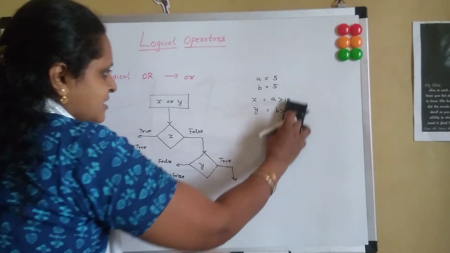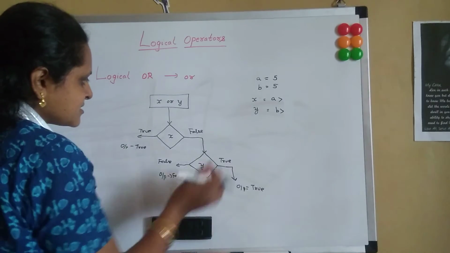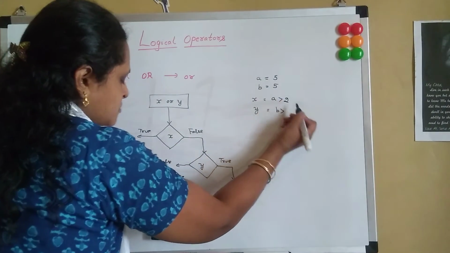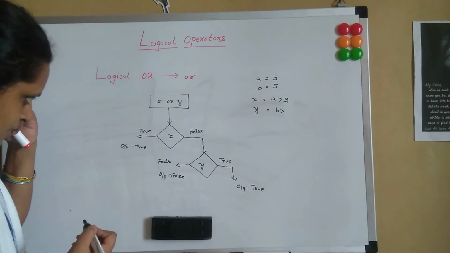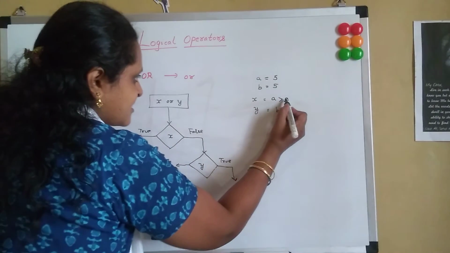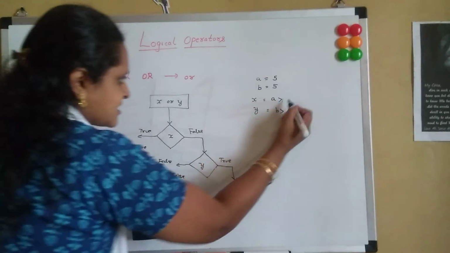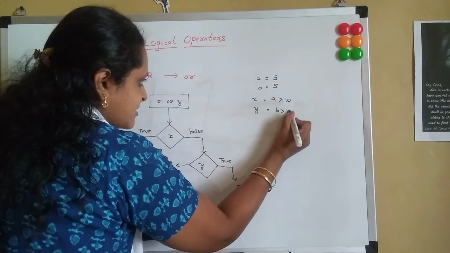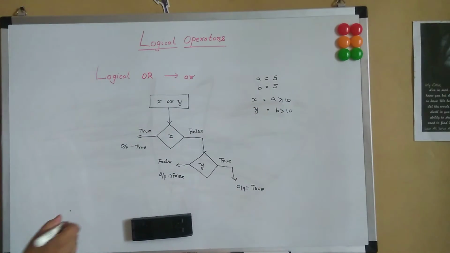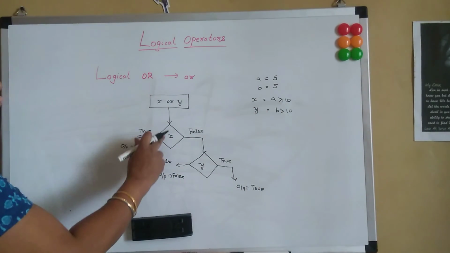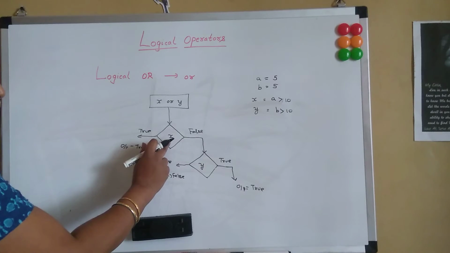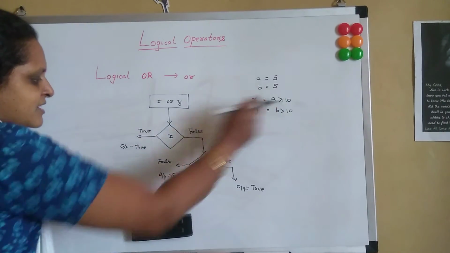And one more condition: X is A greater than 10 and Y is B greater than 10. So here X is having the expression A greater than 10.